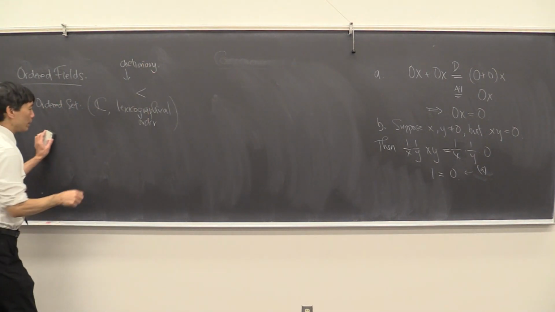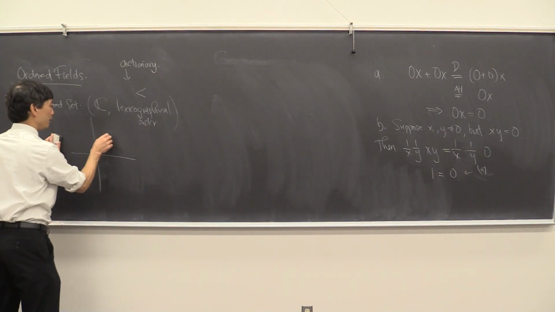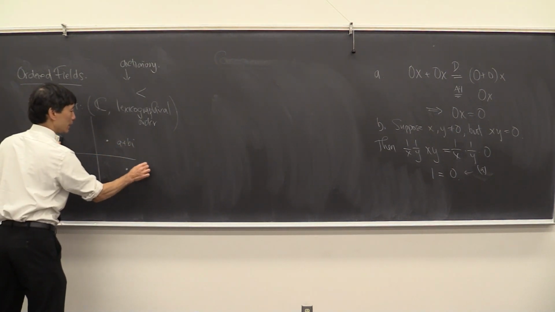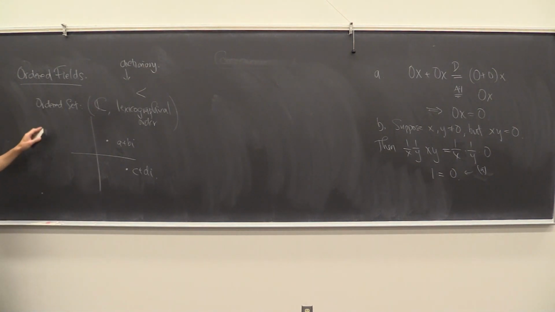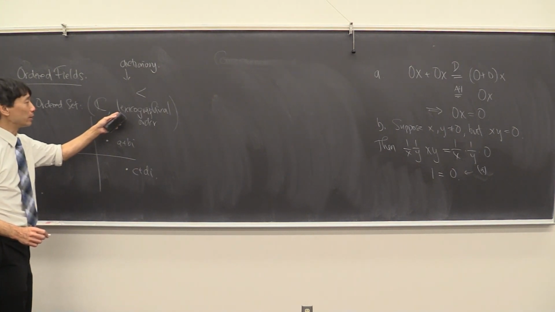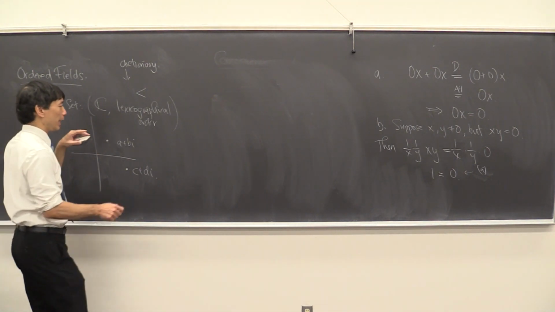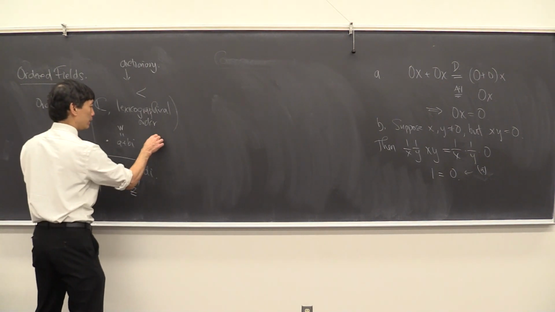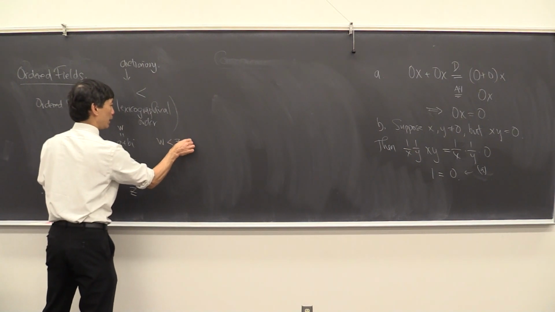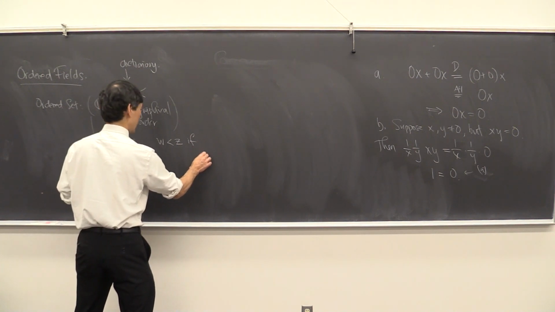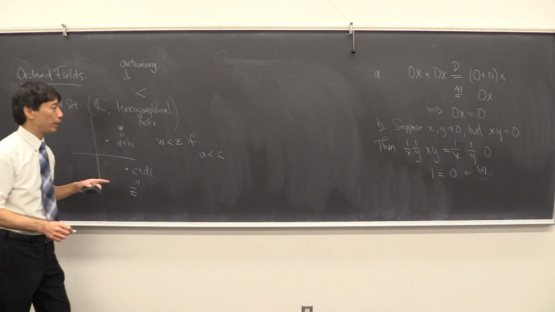Right. So with the complex numbers, you're going to have points like a plus bi, some other point c plus di. Okay. And we want to put an ordering on it. One order you can put is called the lexicographical order. And so you say that, let's call this one W and this one Z. We say W is less than Z if a is less than c, right?